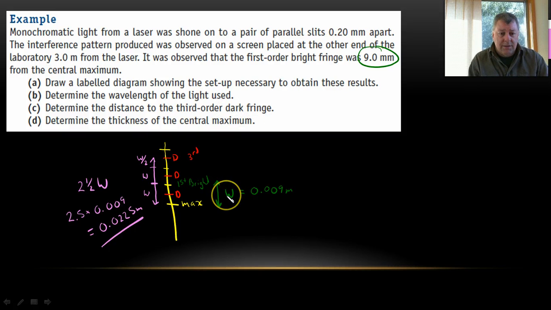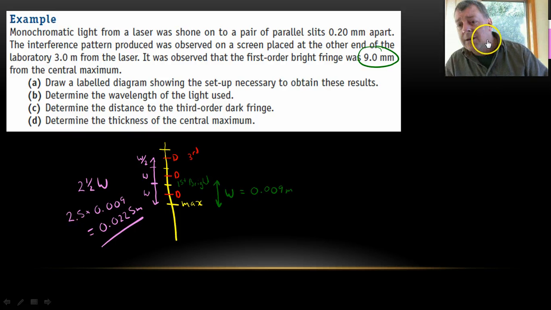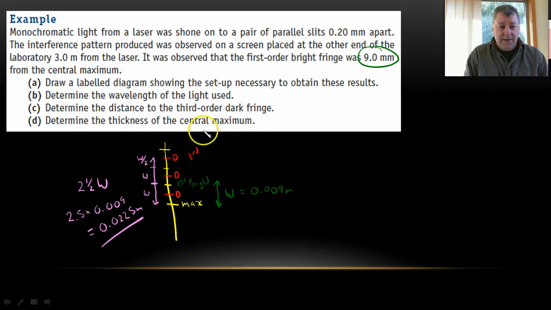Hopefully we followed that. Now determine the thickness of the center maximum. I'm using every color I possibly can here, I think. What's the thickness of the centre maximum? Well, we would have another dark just there. And so the thickness of the centre maximum is the distance between the two dark or nodal points either side of the centre maximum.